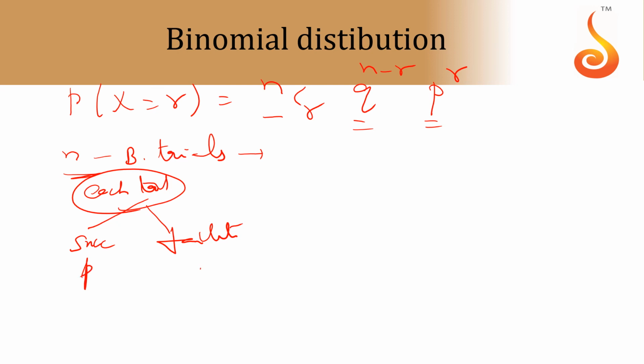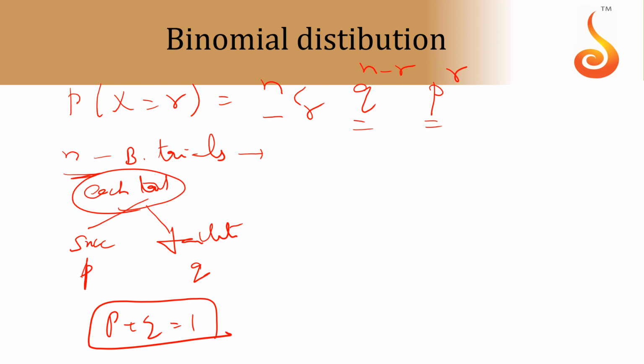Probability of success is p, probability of failure is q, then always p plus q equal to 1. So such trials in which each trial will have only two events and the probability of success is fixed as p for all trials are called independent trials. They are also called Bernoulli trials.